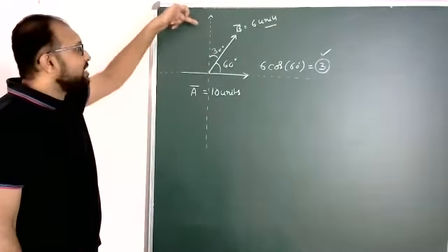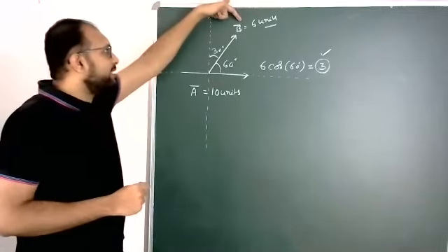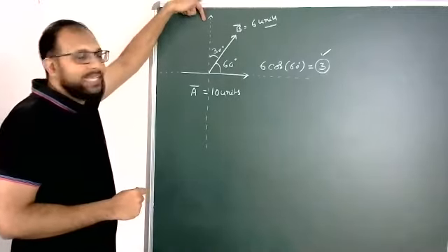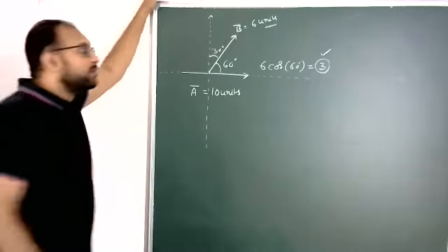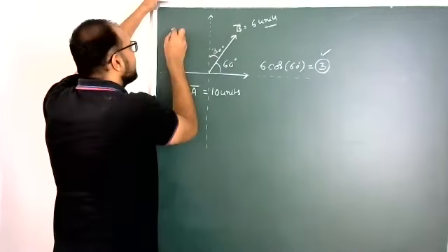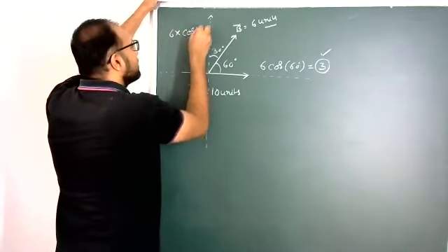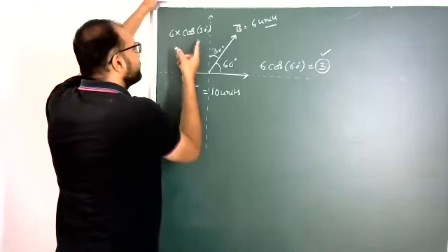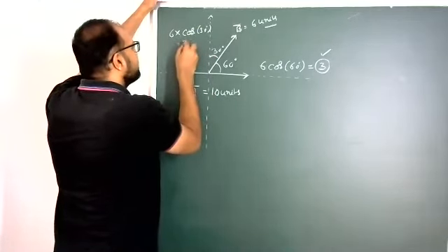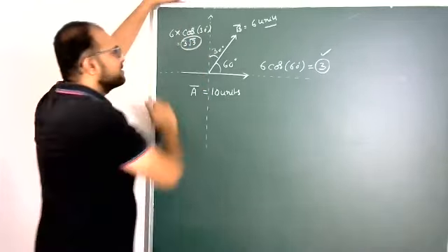In this direction, it means cos of the angle made by the vector with this particular direction, which is 30. So the magnitude 6 into cos 30. What is cos 30? Root 3 by 2. Root 3 by 2 means 3 root 3. This is our final answer.